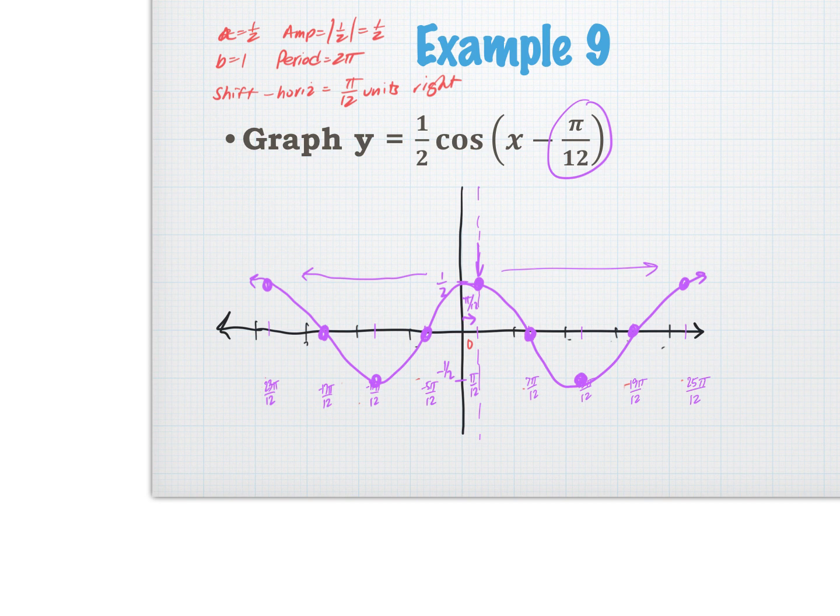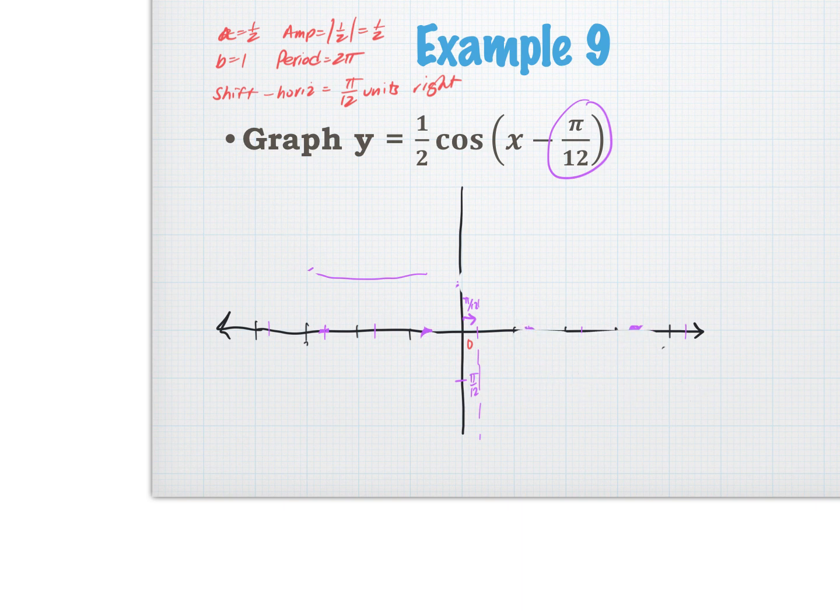If you wanted to do the adding of pi over 2, you would have identified just the shift. So let me go back here and show you what that might look like. This is just the other way to do it, and we've taught you both now. Now you just have to figure out which method you prefer.